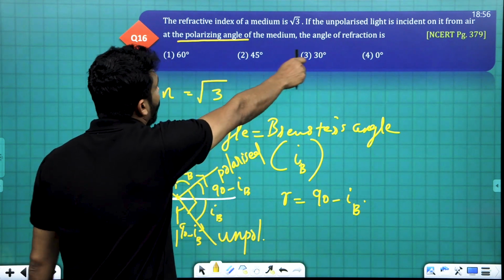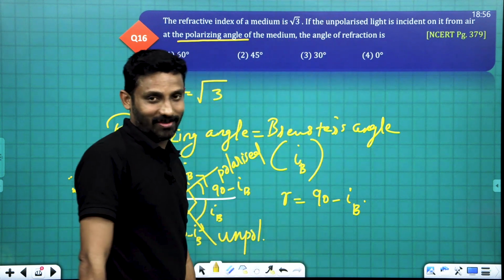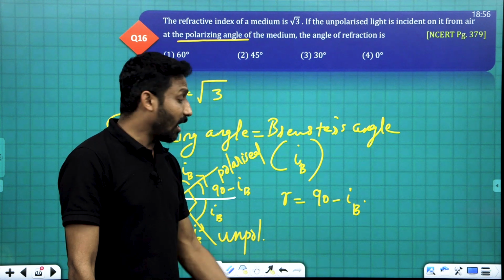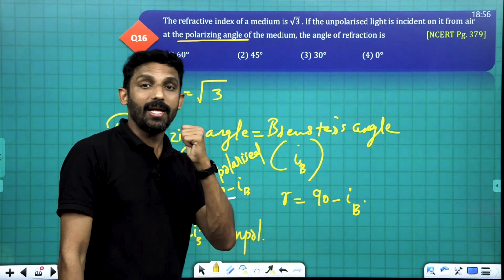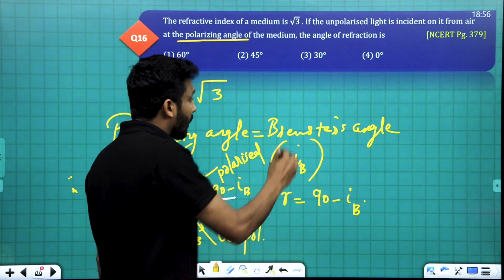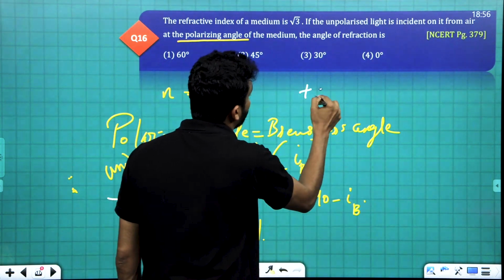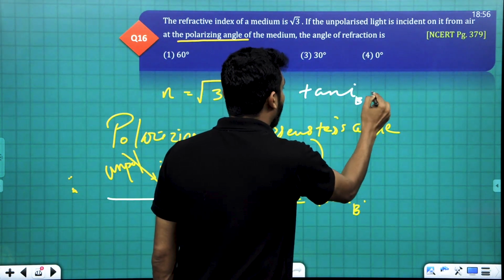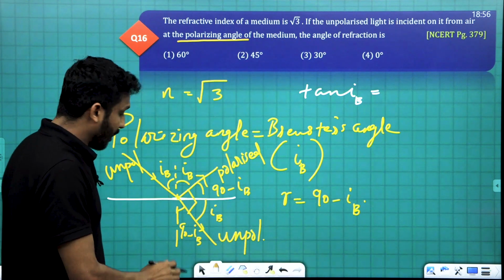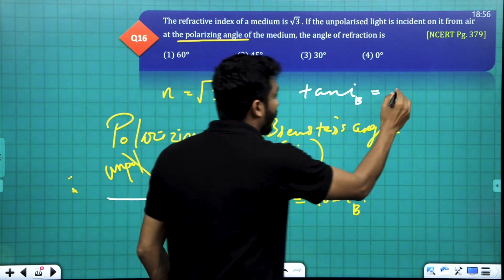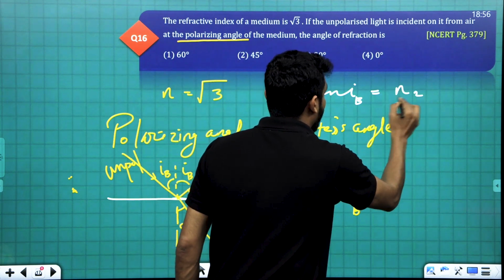What's the question? The angle of refraction is 90 minus IB, and we should get IB. What is the Brewster's law? Tan IB is equal to refractive index, the refractive index of second divided by first, that is n2 by n1.